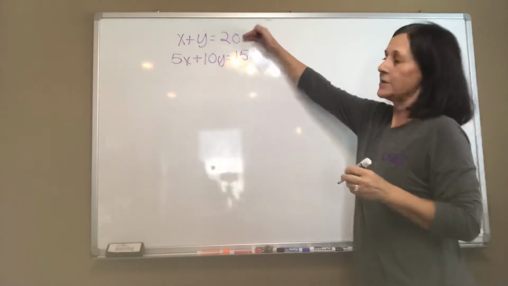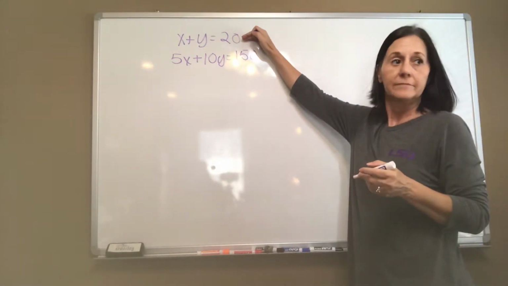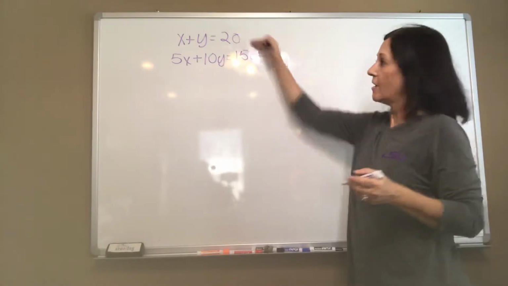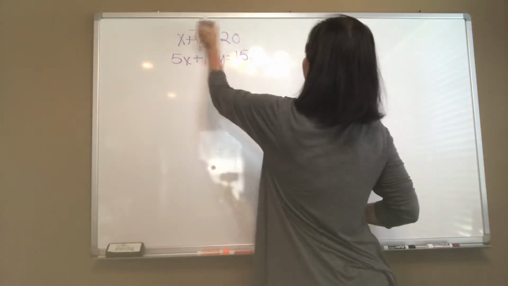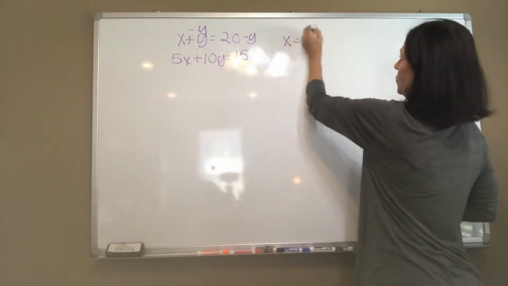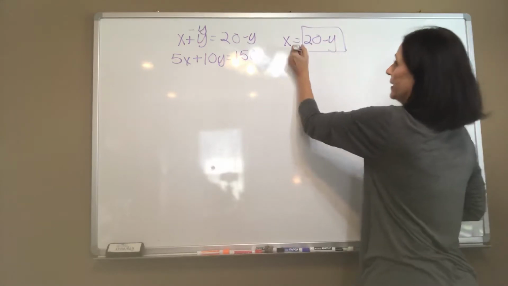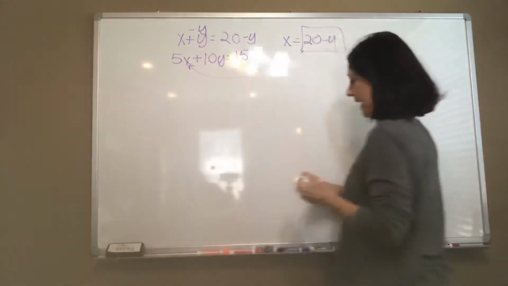So in this first equation, I can solve for x or y. It doesn't matter. Which one do you want to solve for? X. You want to solve for x. So we will subtract y on both sides. We end up with x is 20 minus y. So this is what I'm substituting in the other equation for x.